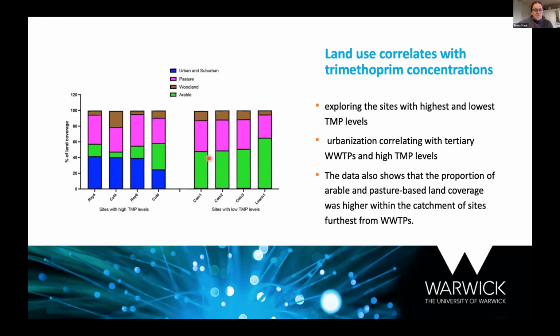So in the low ones there was considerably more arable. The pasture stayed reasonably constant, as did the woodland. So it shows that the urbanisation is correlating with the high trimethoprim levels, and the urbanisation is also correlating with the tertiary wastewater treatment plants, and I'm not showing this data, but also the higher population equivalents as well.